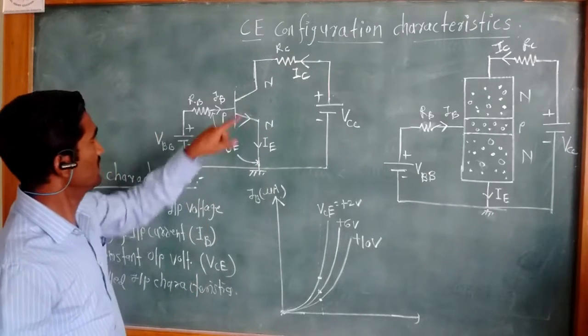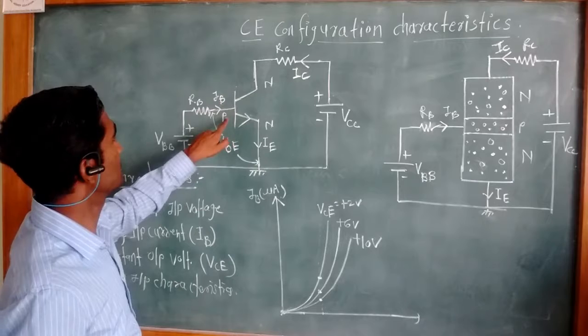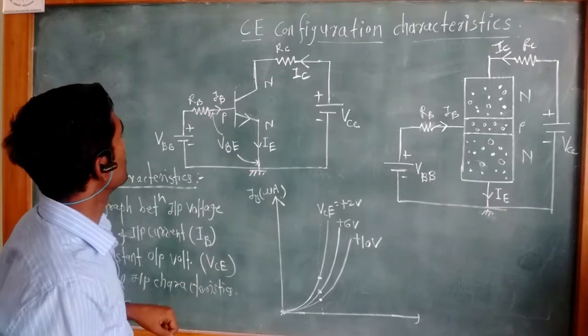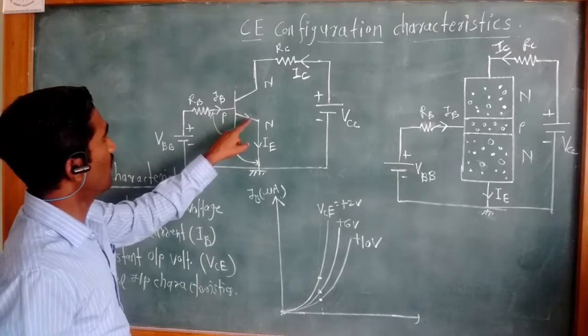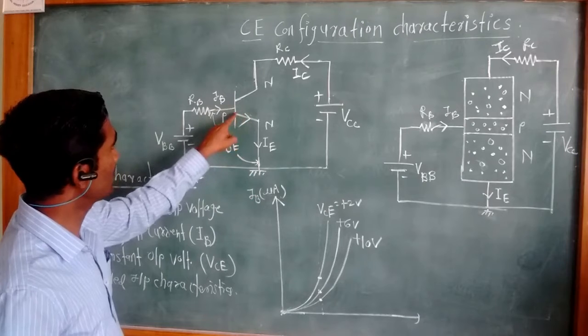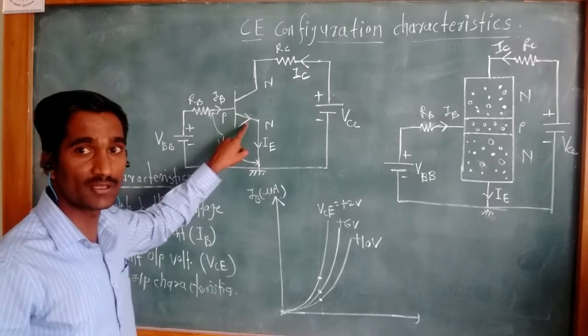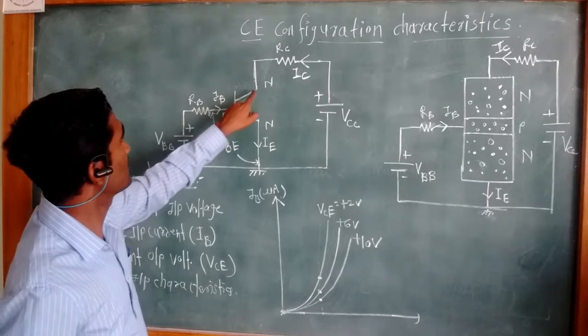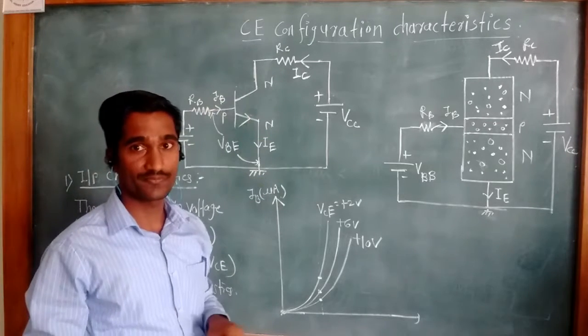So we have taken here a transistor, that is the NPN transistor, and the emitter of this transistor is made common. This is the emitter, the arrow indicates the emitter terminal of the transistor. Next one is the base and the next terminal is the collector.